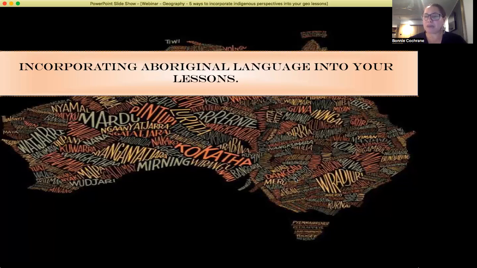You can get out your maps and have a look at any of the streets or even the city name. What is the traditional Aboriginal or Torres Strait Islander name that's used for that area? Who are the people? Who are the traditional custodians of the area on which you live? Who are the surrounding nations?